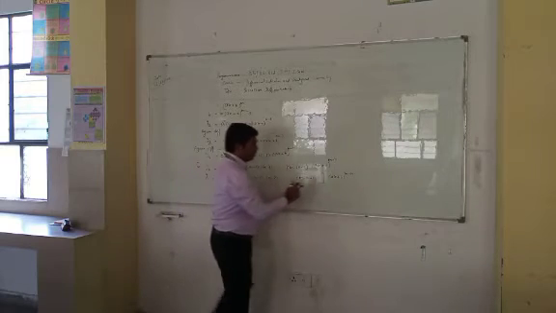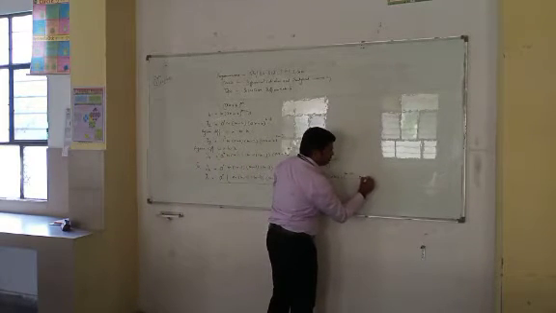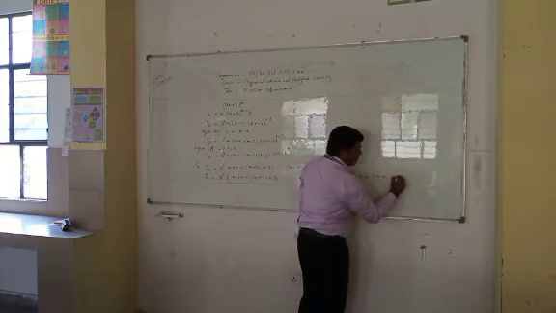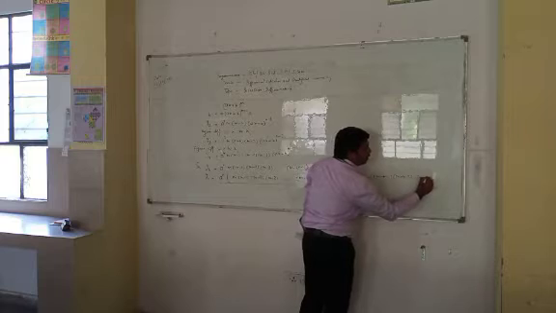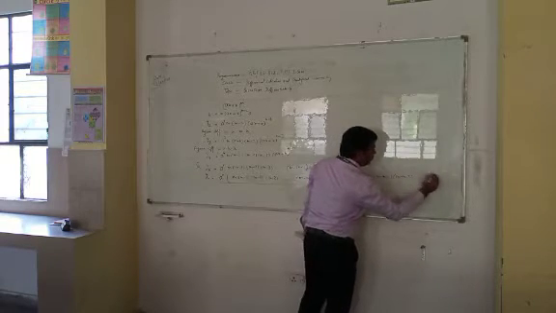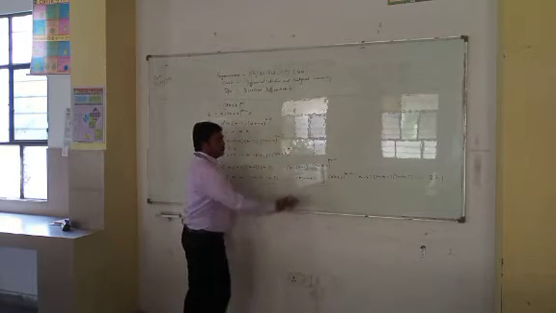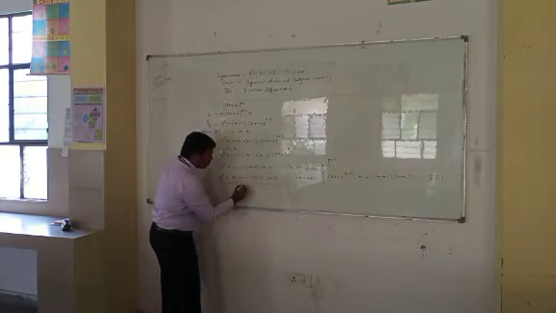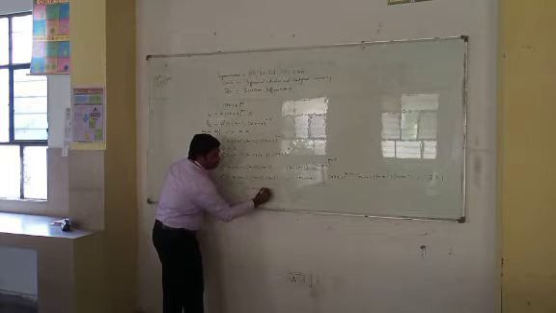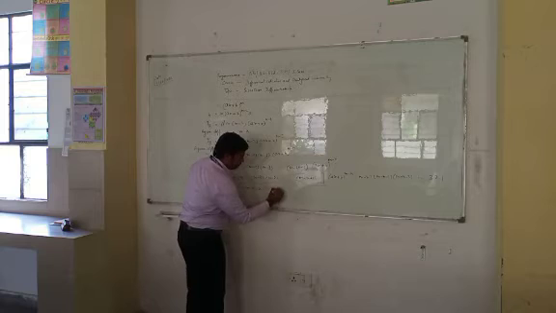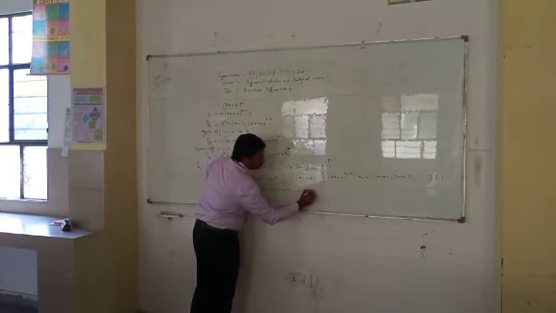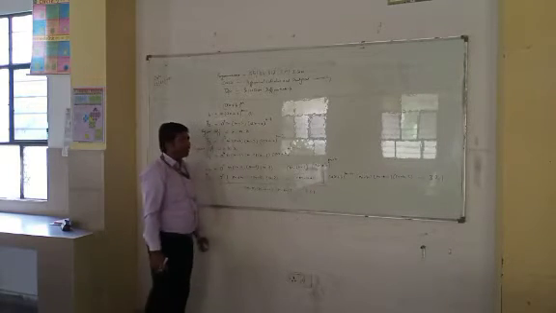So we can again write this as m, m minus 1, m minus 2, and so on, down to m minus n plus 1, and at the end, 3, 2, 1. Similarly, we will multiply in the denominator: m minus n, m minus n minus 1, m minus n minus 2, and so on, 3, 2, 1.